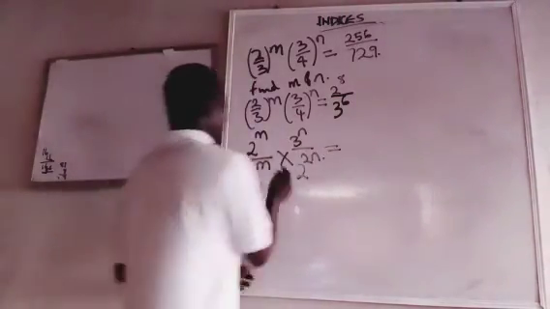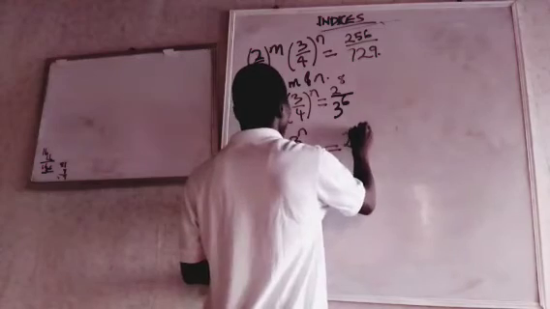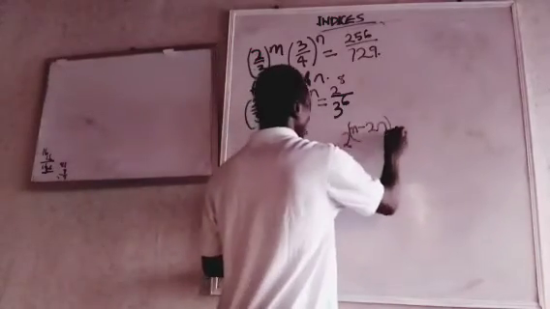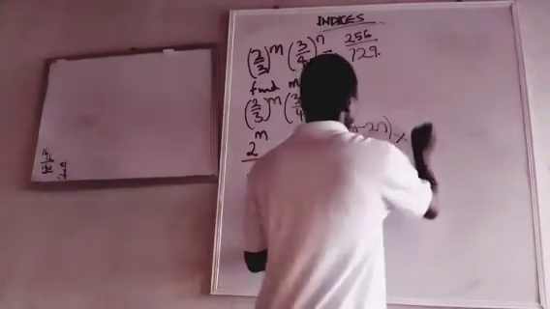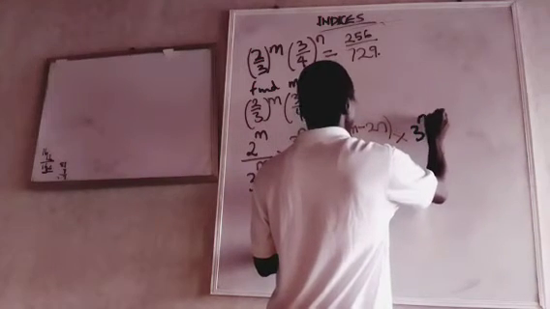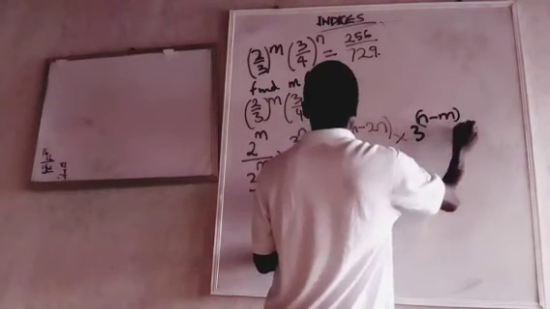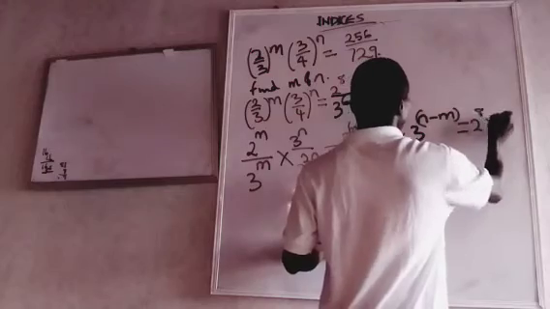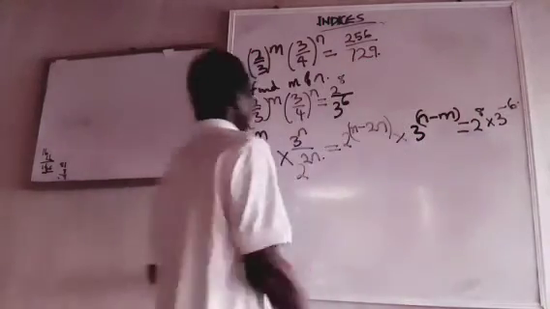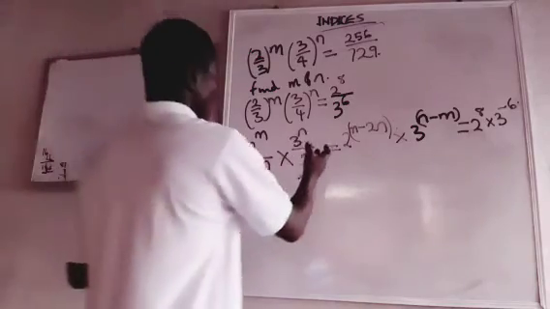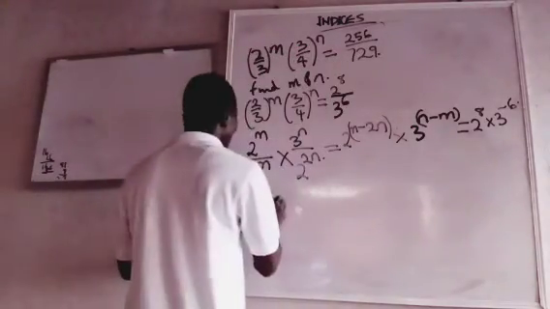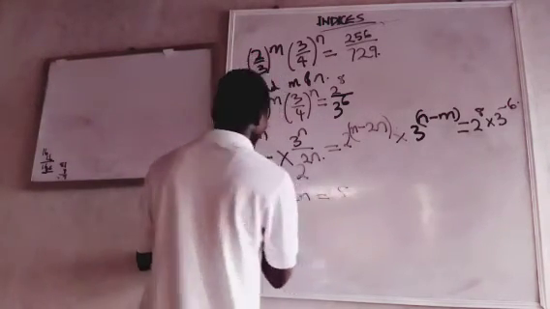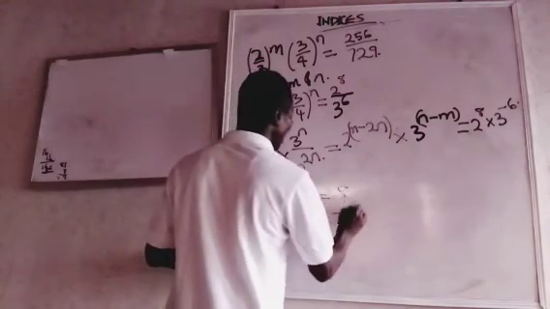And on resolving, this is going to give me 2 raised to power n minus 2m, times 3 raised to power m minus n, is equal to 2 raised to power 8 times 3 raised to power minus 6. You can see that now. Then I can now say n minus 2m is equal to 8, and m minus n is equal to minus 6.